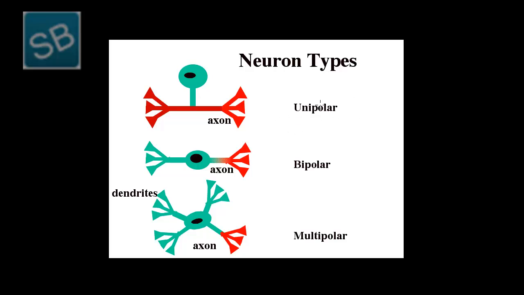As can be seen from the figure, in a unipolar neuron, the cell body possesses only one axon. In the bipolar neuron, a single cell body is attached to one axon and one dendrite. In the multipolar neuron, the cell body is attached to one axon and two or more dendrites.